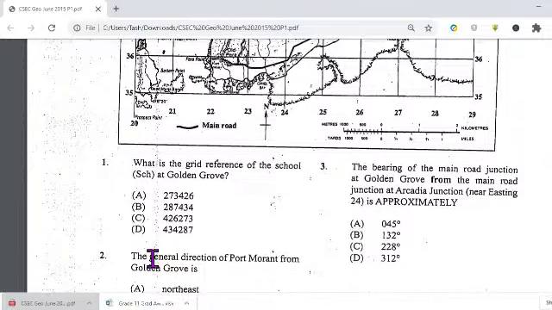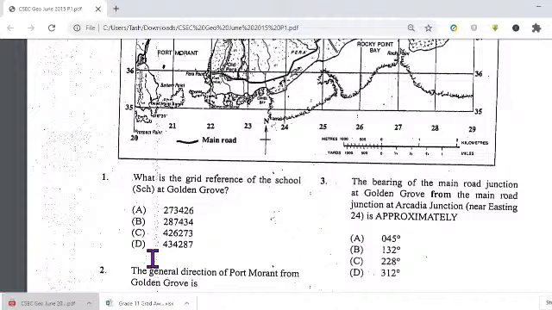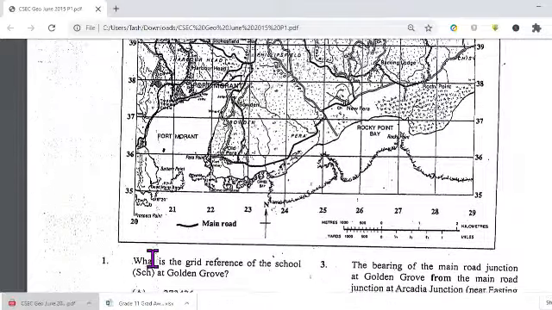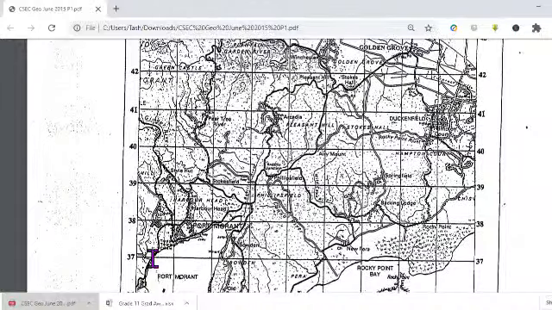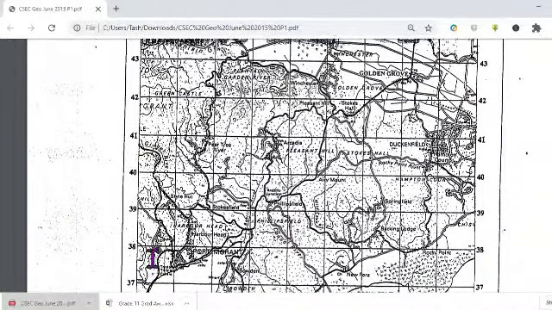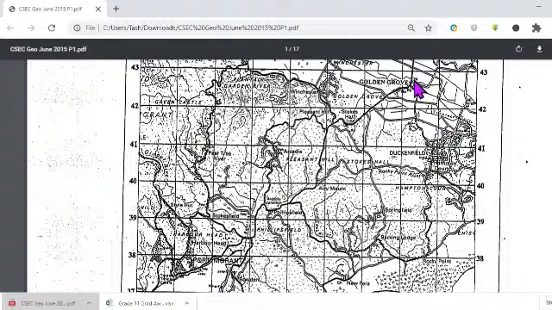So once you have your starting point correct, then more than likely you would get the rest of it correct. Let's look at it.